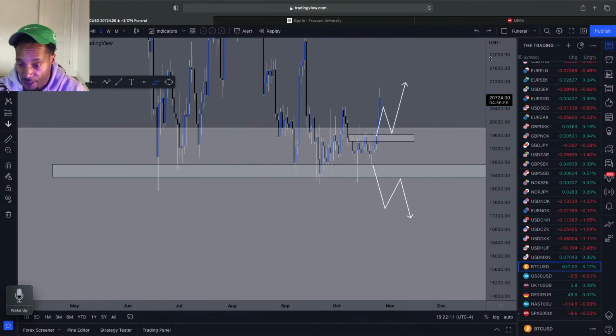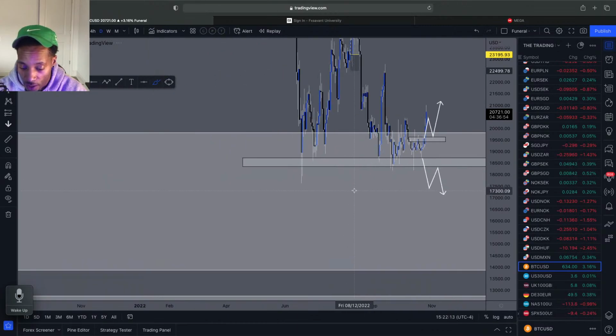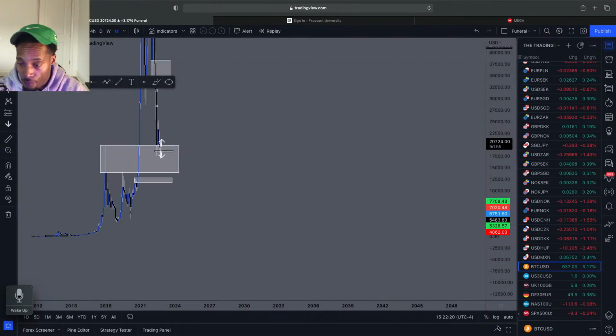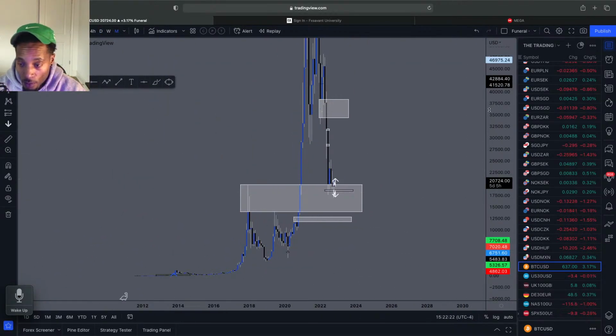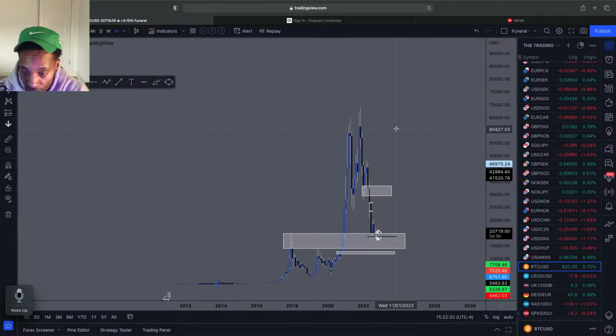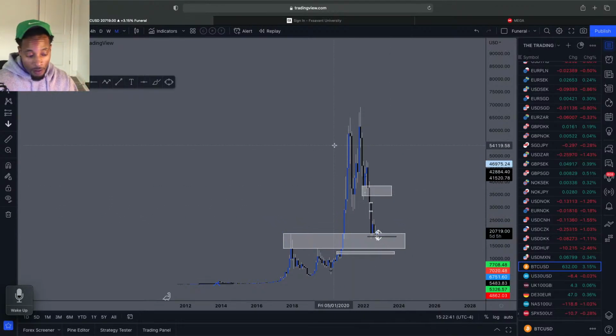But not until 2024 will there be the next halving event. So that will be when I expect the market to come and retest some of these highs and maybe make a new high. But until then, there could be possible short-term trades during this cold winter.